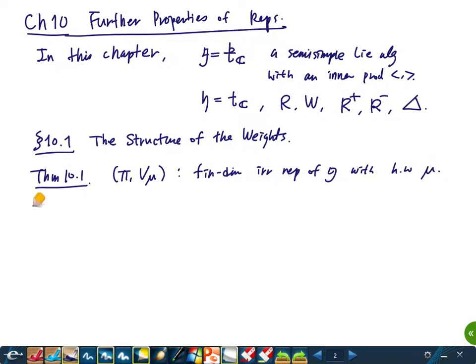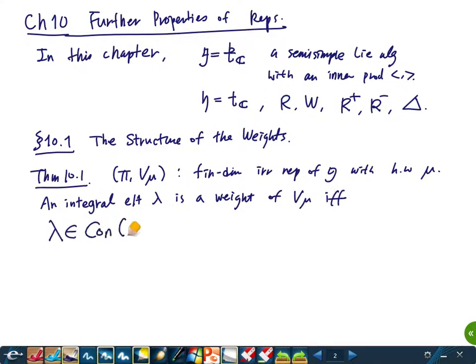We already showed that every weight of a representation must be an integral element, so these are the possible candidates for the weights. An integral element lambda is a weight of this representation if and only if it is in the convex hull of the Weyl orbit of this highest weight under the Weyl group action.